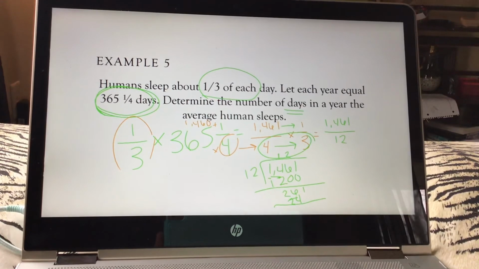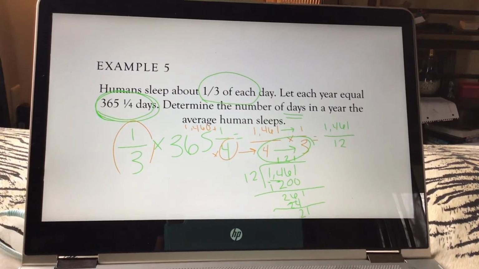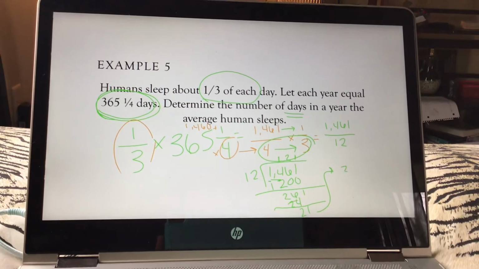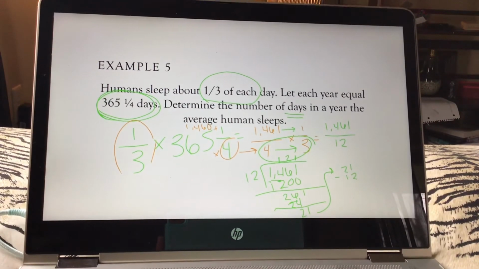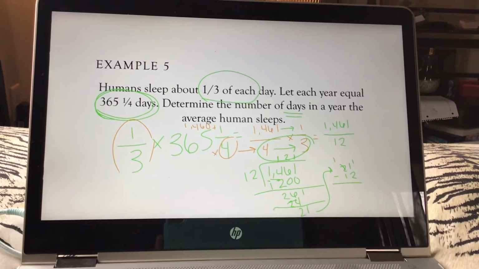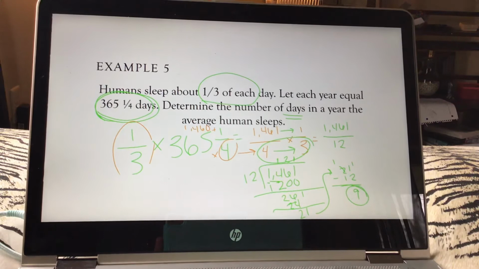Sorry, I'm getting really close to the bottom. We're left with 21. How many 12s can go into 21? Just 1. So we're going to take, let's move this over here, 21, subtract 12. Borrow. Alright, we're left with a remainder of 9.